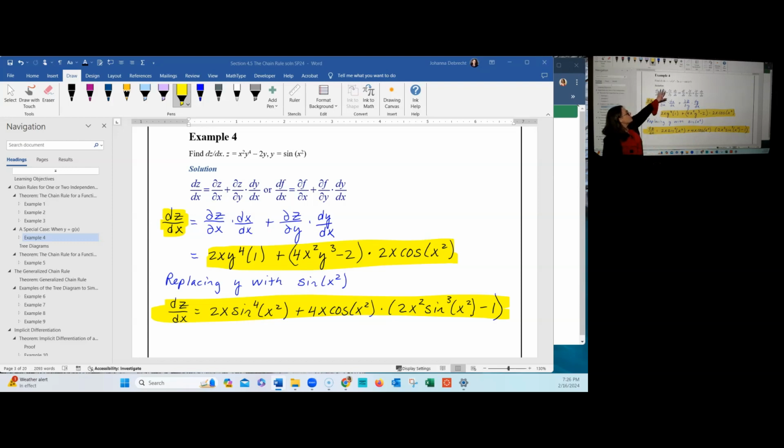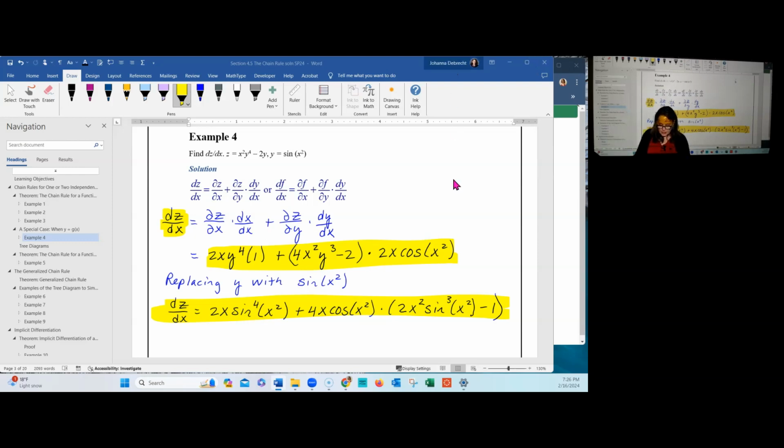Again, you could also, if you wanted, have replaced the y in the original with the sine of x squared, and then you would have had an expression for z in terms of x only. And then you could have found the first derivative of z with respect to x directly.